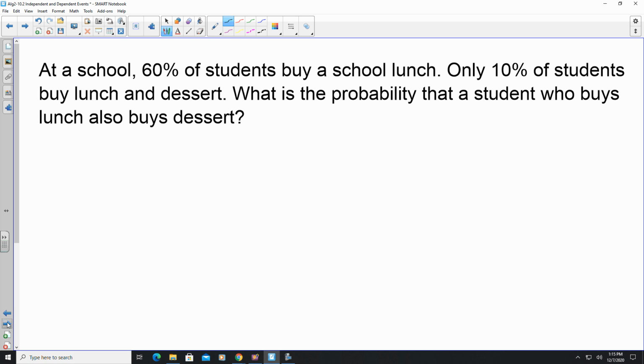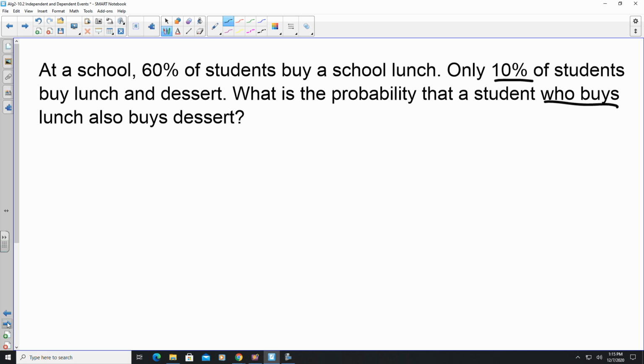The way they word this problem is interesting, because they want the probability of a student who buys lunch also buying dessert, and they also say that 10% of students buy lunch and dessert. So here is how you go about solving this one.